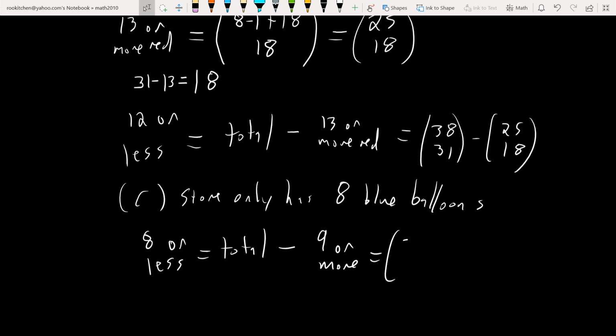So that's going to be 38 choose 31, and then subtracting away 9 or more. So we need 31 minus the 9 we're throwing away, which is 22. And we'll go 8 minus 1 plus 22, choose 22, right? So 7 plus 22 is 29, choose 22.